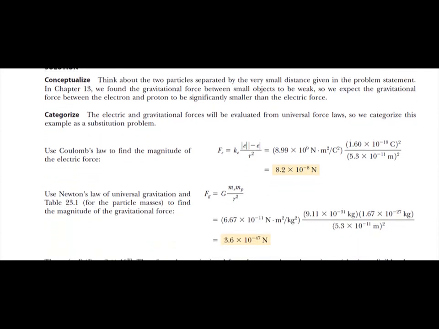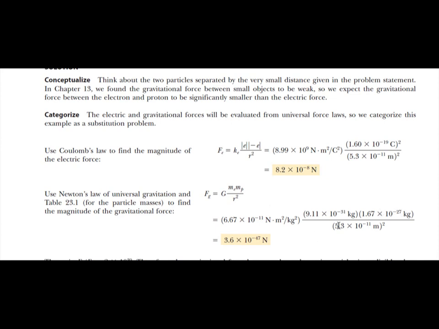Then using Newton's law of universal gravitation in the table to find the magnitude of the gravitational force, we know that G is equal to 6.67 times 10 to the power minus 11 newton square meter per kilogram squared. The mass of an electron is 9.11 times 10 to the power minus 31 kilograms, and the mass of a proton is 1.6 times 10 to the power minus 27 kilograms.